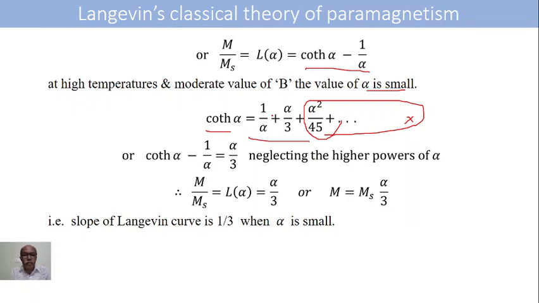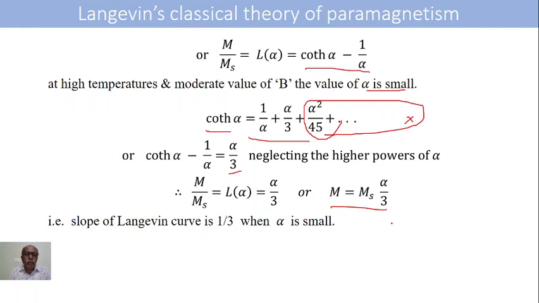Rewriting this, coth alpha minus 1 by alpha will therefore be equal to alpha by 3. Therefore, M by Ms is equal to L of alpha, which is just equal to alpha by 3, or M is equal to Ms alpha by 3.